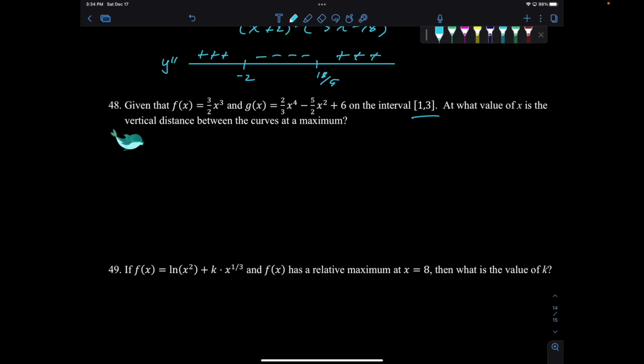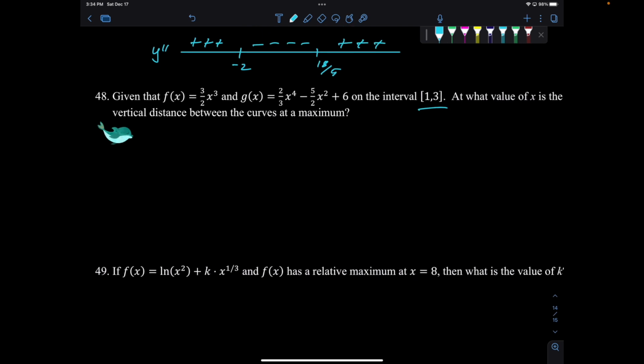So the vertical distance between the curves, I'm going to call it h for height between them, would be the absolute value, because I don't know which is on top, of f of x minus g of x. And I'm looking for the maximum of that. So I need to find h prime, I guess. I don't like this question, but that's what I need to do.